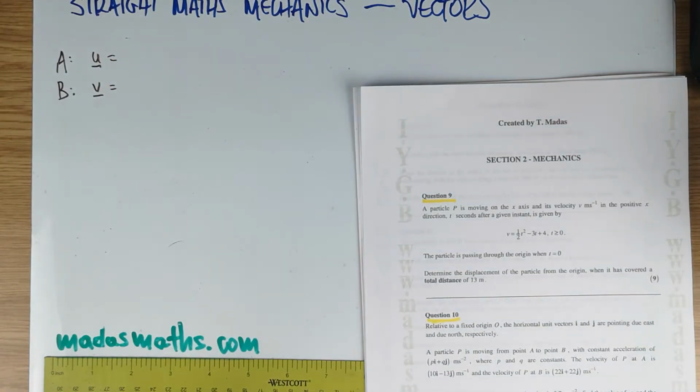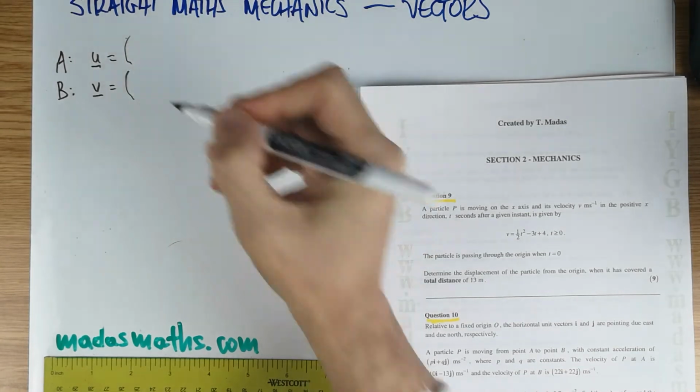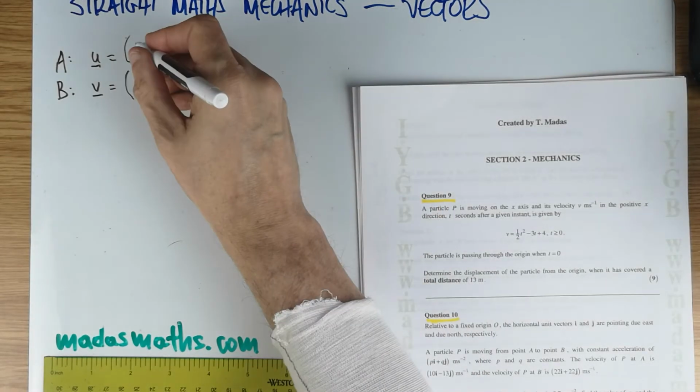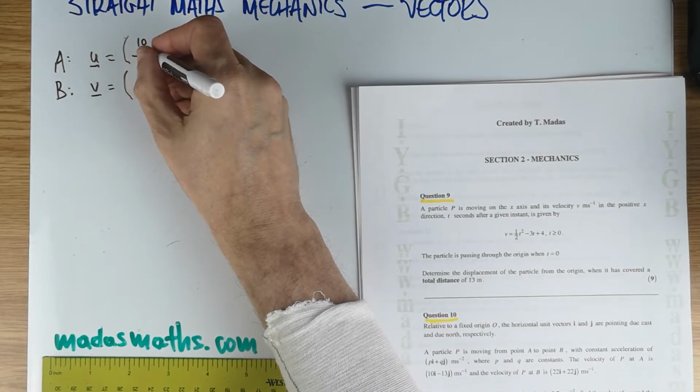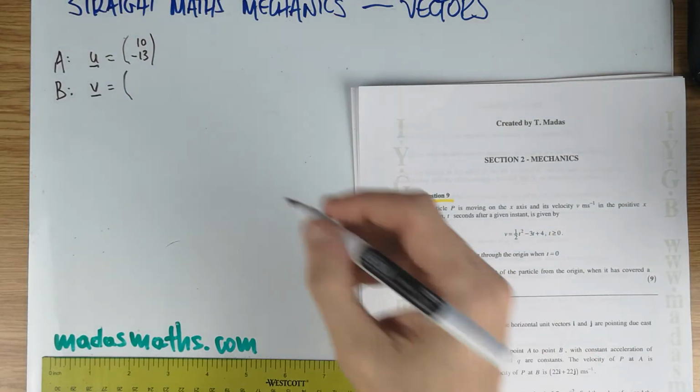And I'm going to drop the i's and j's, and because we're in 2 dimensions, let me use column vectors, something I will very rarely actually do. At A, the velocity of the particle is (10, -13). And the velocity at B is (22, 22).